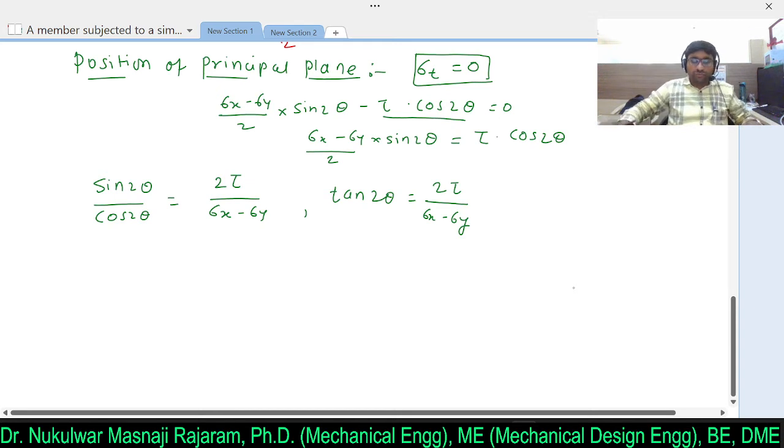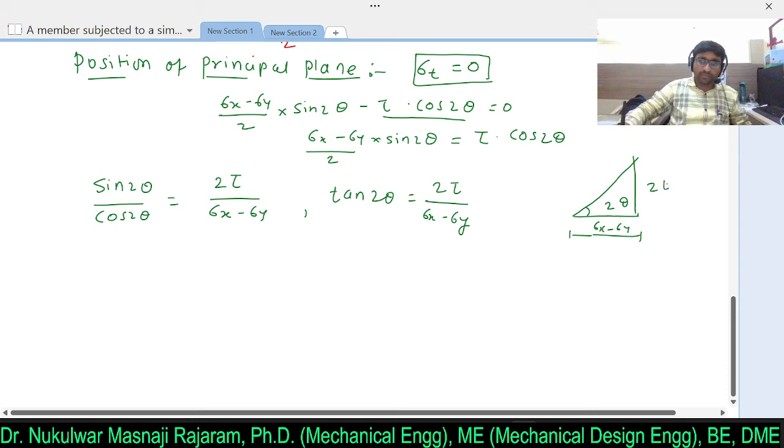Clear? So from this I can draw a simple trigonometry diagram. Here, considering the angle 2 theta, this side will become sigma x minus sigma y and this side will become tau. What I need is the hypotenuse.